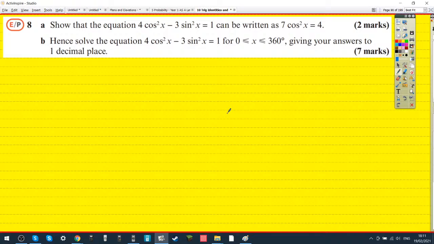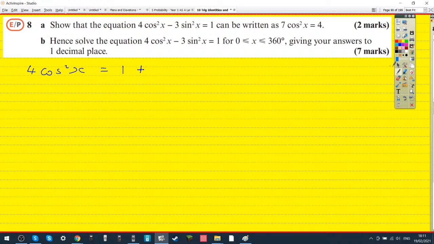Plus 3 sine squared x on both sides. Plus 3 sine squared x. Okay. So 4 cos squared x equals 1 plus 3 sine squared x.